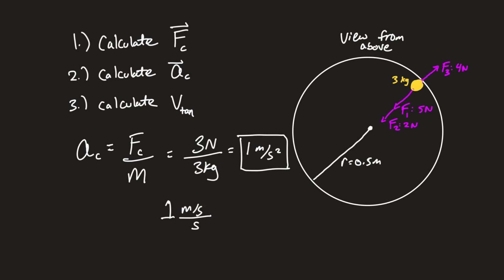And that's how you can obviously say acceleration without saying the word squared or per. So 1 meter per second for every 1 second. And it's tempting to think that that is speeding the object up or maybe slowing it down at some rate. But remember, that's not what's happening.